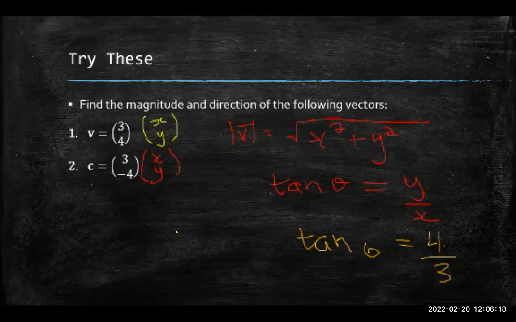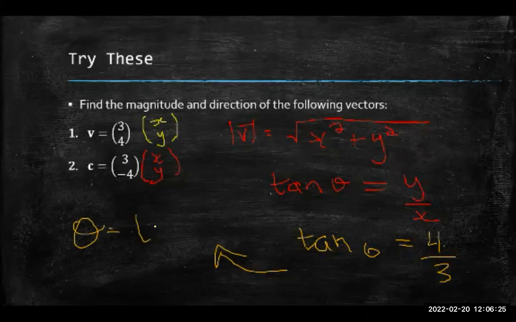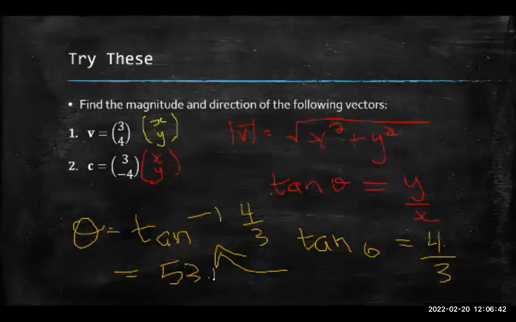If I wanted to find the value of theta, then theta is equal to tan inverse of 4 on 3, which would in fact give me 53.1. Remember, we're doing degrees. So that's my answer there.